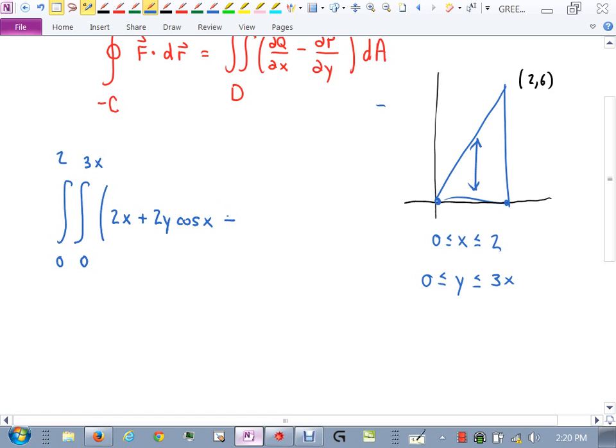Minus partial P with respect to y. 2y cosine x, are you kidding me? Is that really what it is? dy dx, are those really going to cancel each other out? That's good news for us, isn't it?